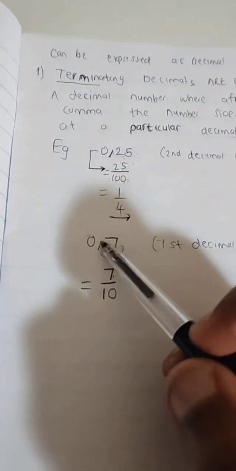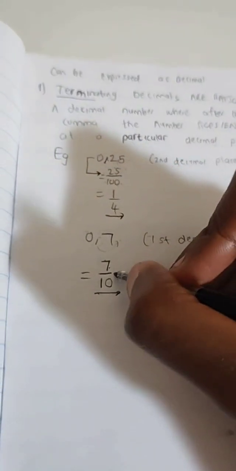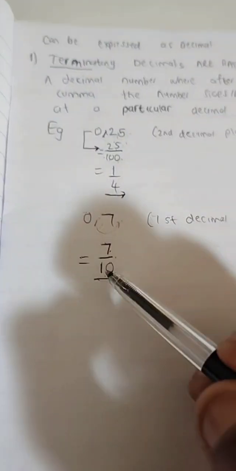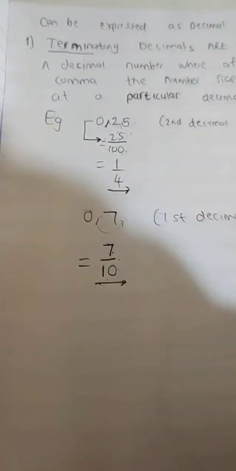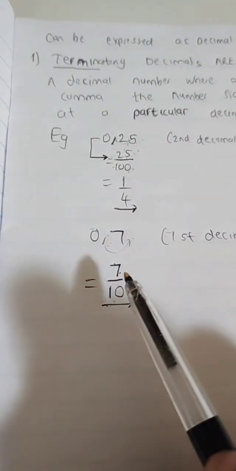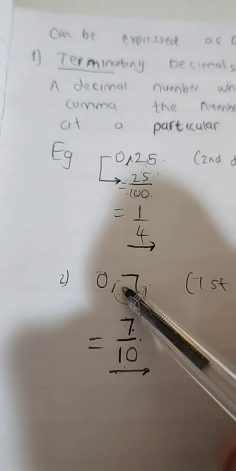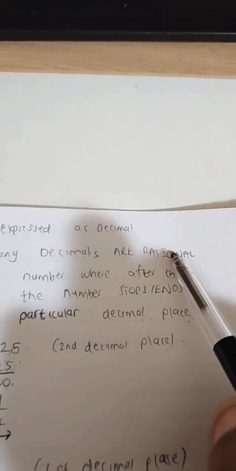So the fraction for 0.7 is 7 over 10. There's an integer in the numerator, an integer in the denominator, and no 0 in the denominator. So this is rational. Therefore, it confirms that indeed a terminating decimal is a rational number.